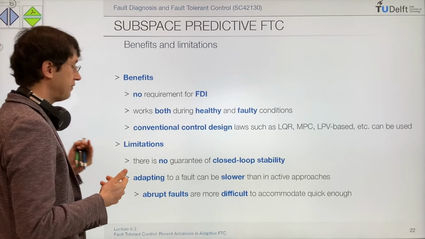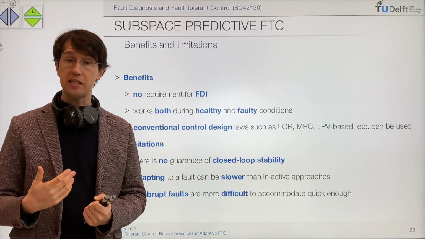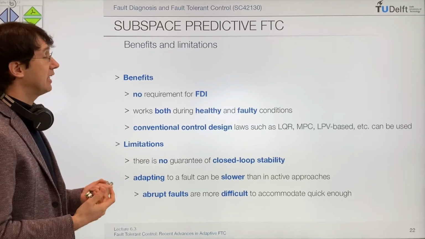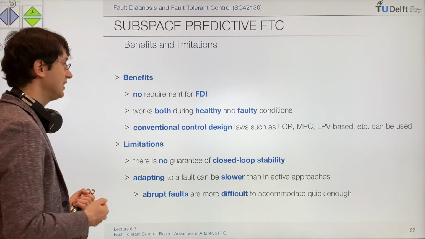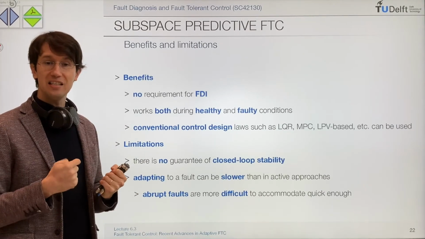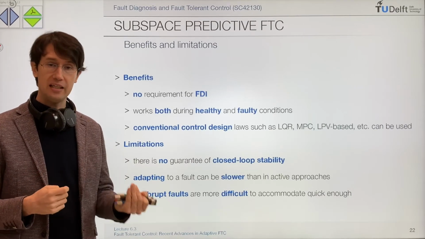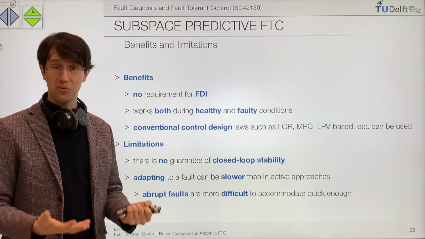So what are the benefits and limitations of this approach of subspace predictive fault tolerant control? Well, as we said, as it is a passive approach, we don't need an FDI block. And also, it is always working, so you don't need separate control schemes for healthy and faulty situations. This is just working.